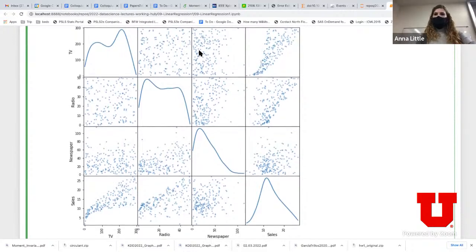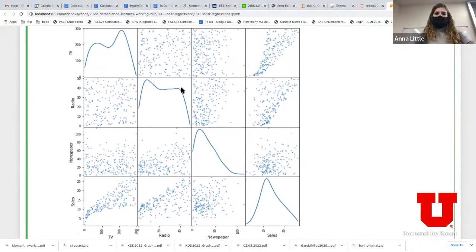And again, we see this strongest sort of linear relationship with TV and sales. And then on the diagonal, it's just going to do an estimator of the histogram of that variable, or of the density function of that variable.